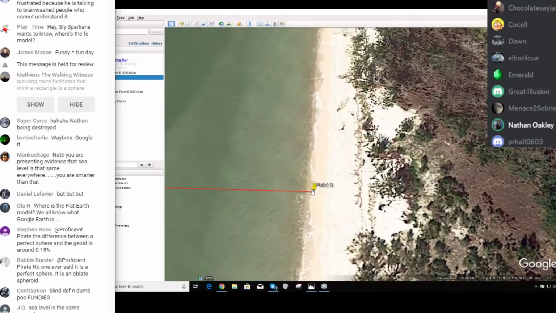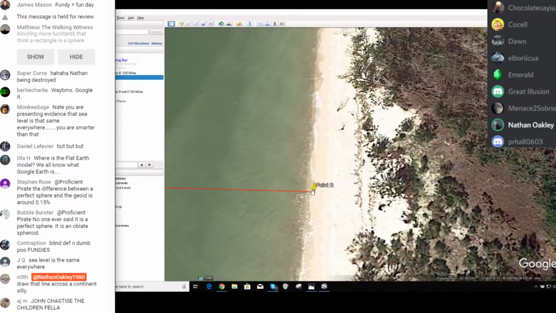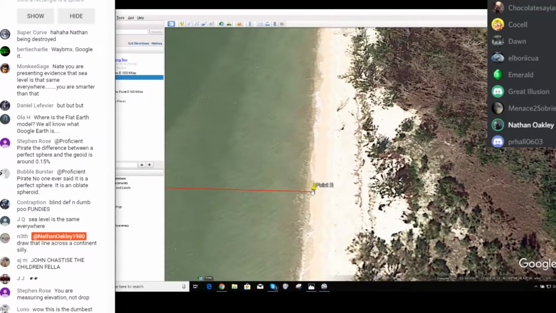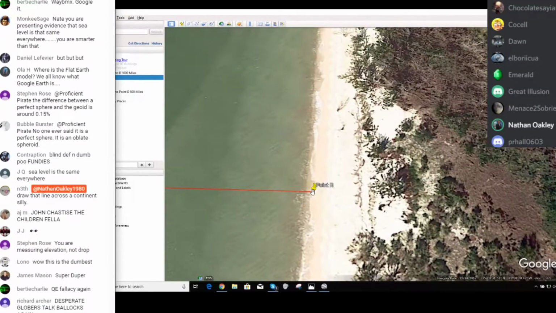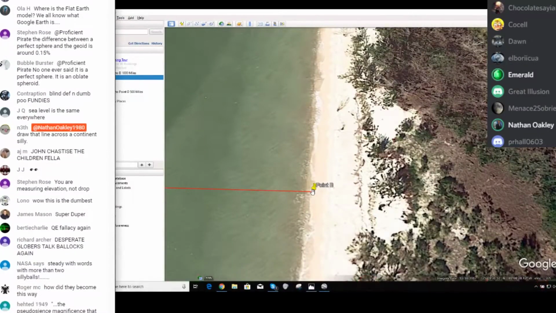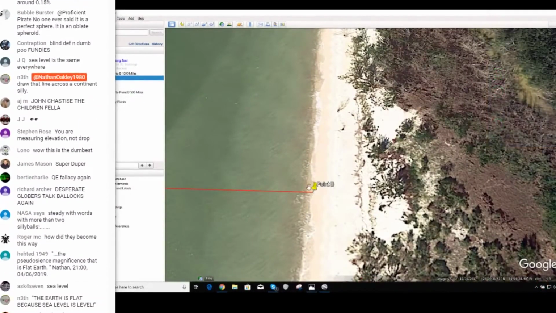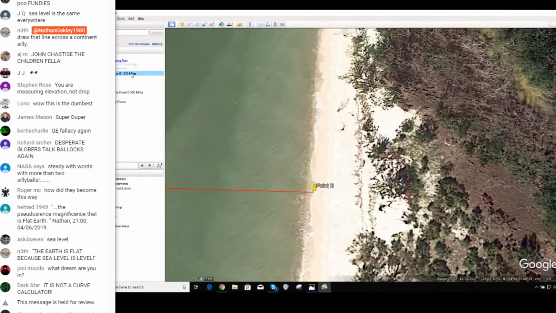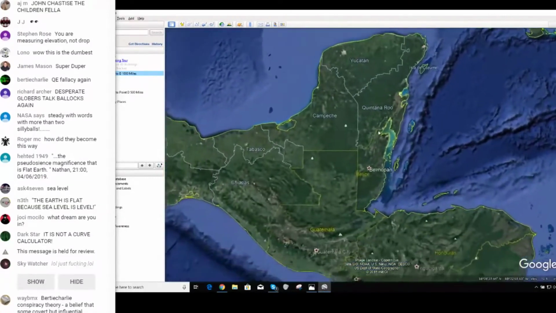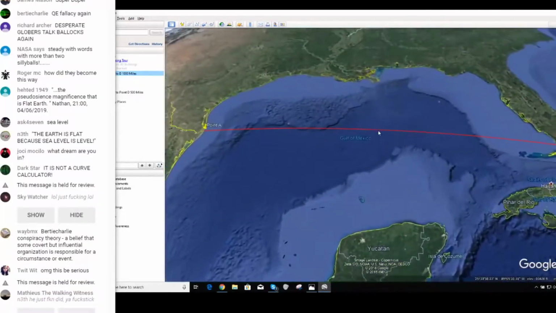Excuse me, I'm not done yet. According to the definition of level, not rising or falling or higher on one side, horizontal or flat. Something that is level with something else is at the same height. Point B and point A are at the same height, ergo, they are flat, level.